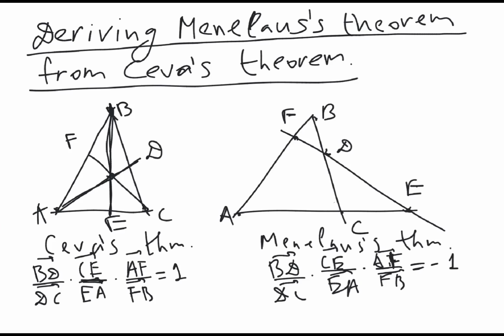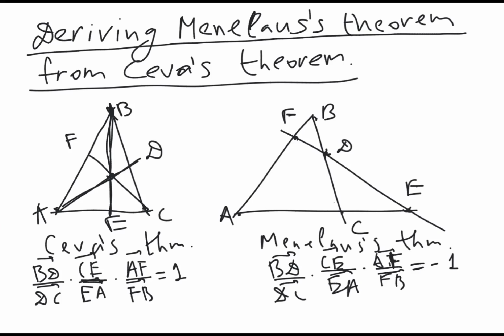So again, as a reminder, I made separate videos where I proved both of these theorems, and the proofs were quite different. For the Ceva's case, it involved areas of certain triangles, and in the Menelaus case it was using similar triangles.